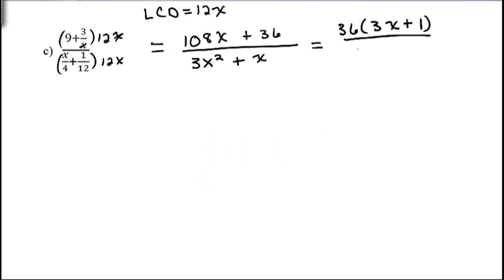And in the denominator, we can factor out an x. And so that would leave us with 3x plus 1. And so now we have 36 times 3x plus 1 and x times 3x plus 1, so we can cancel the 3x plus 1's, giving us 36 over x as our final answer.